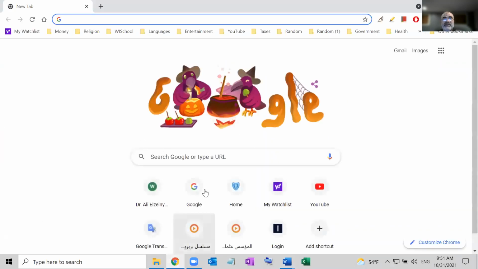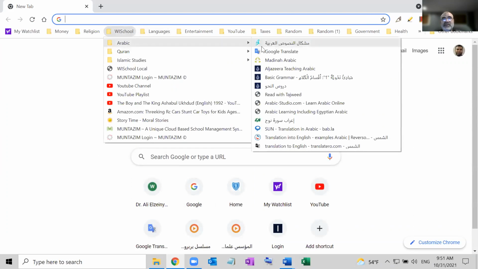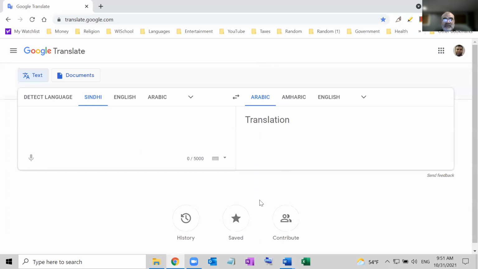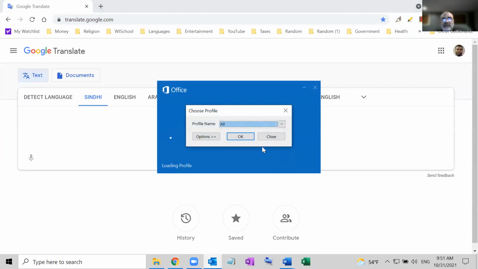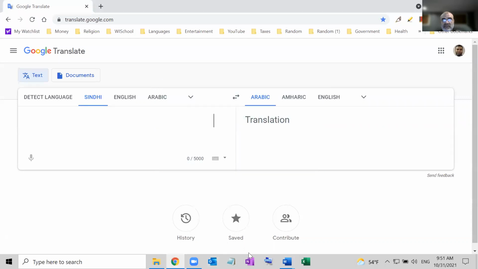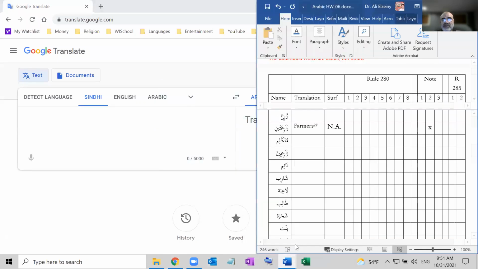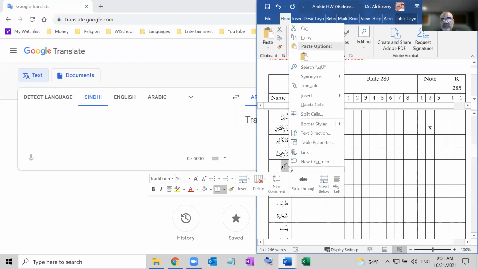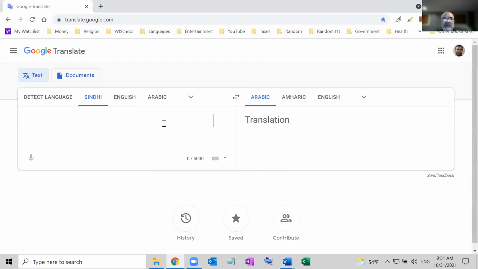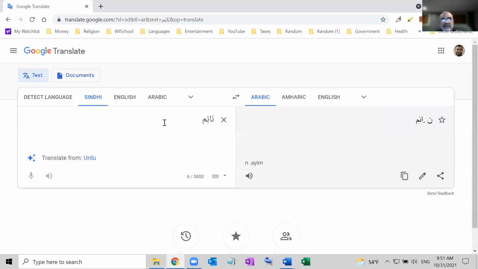The way to do that is to go to Google Translator and take this word from here, which is نائم, copy and paste it here.